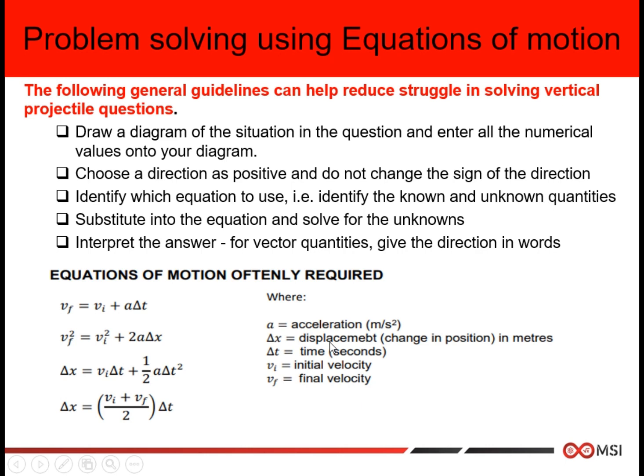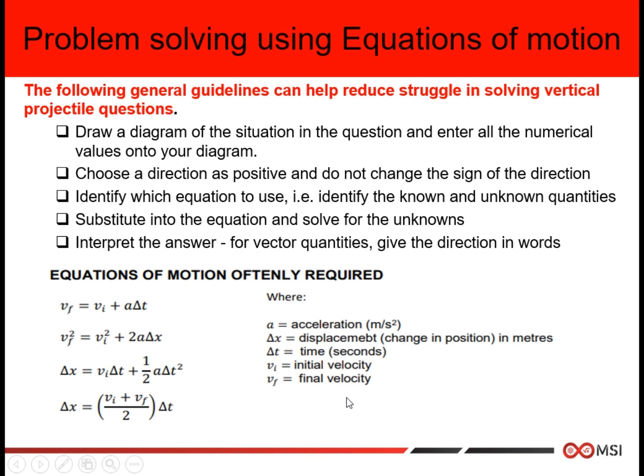Distance and displacement are two different things altogether, and we know that, right? Okay, and delta t is the change in time, and vi is our initial velocity, vf is our final velocity.